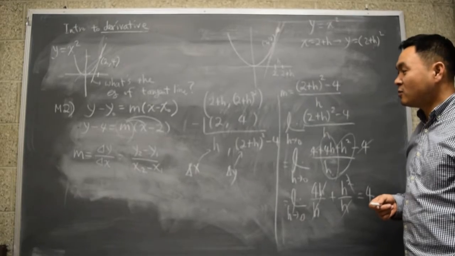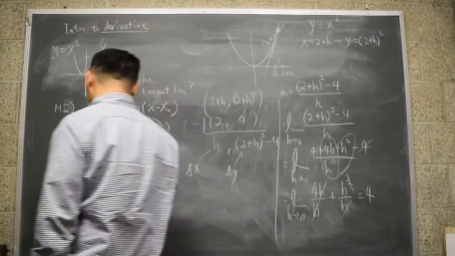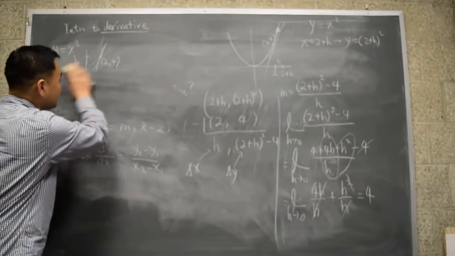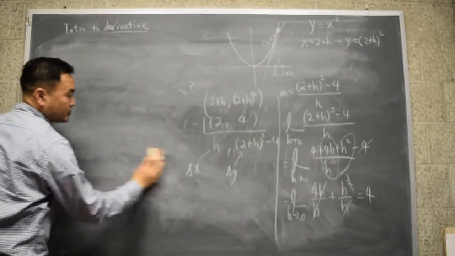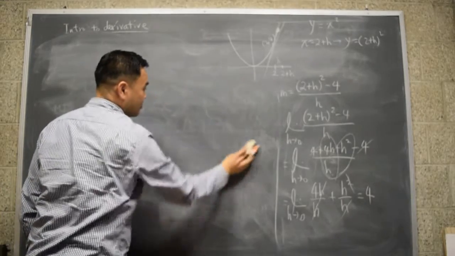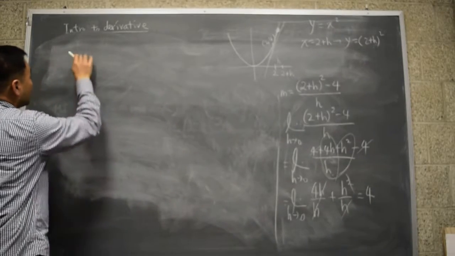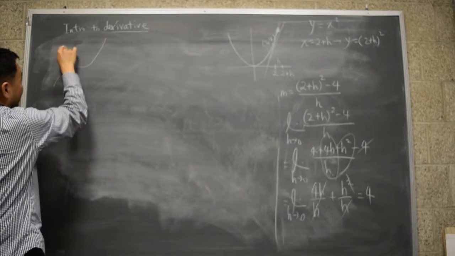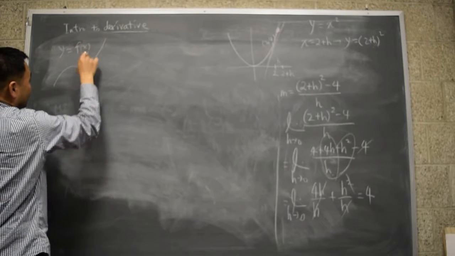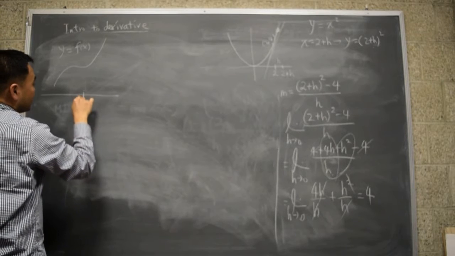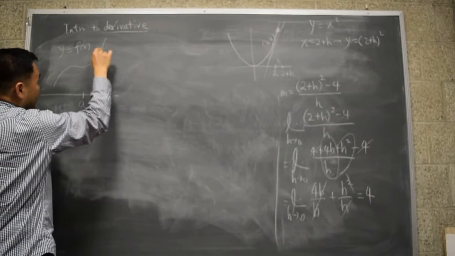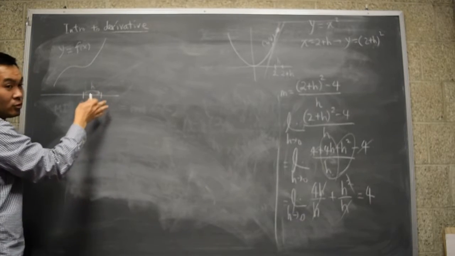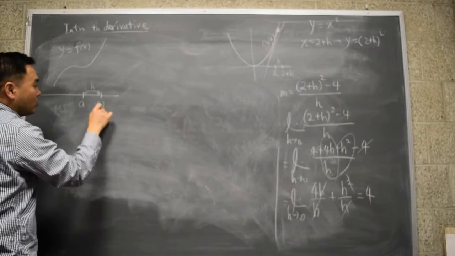Okay? And in general, if you see what we did, you can make this into a general formula. If you have a function f, y equals to f of x, then here's point A, and let's say you have h away from A, so it's a plus h.